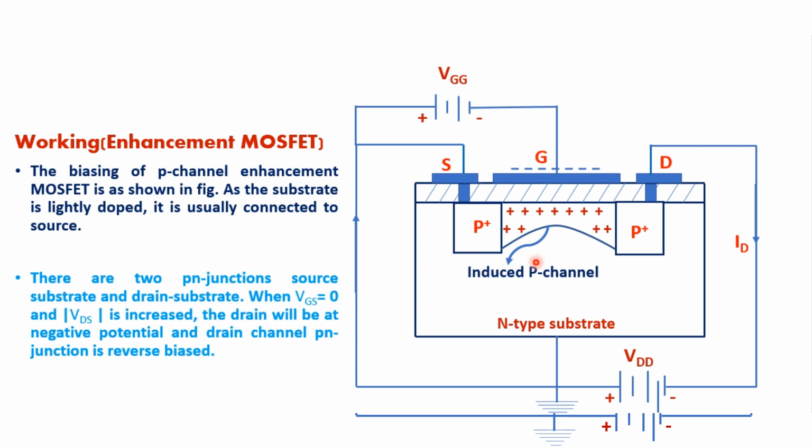Second condition, when gate to source voltage is negative. When the gate, that is G, is at negative potential with respect to the source, and the substrate is connected to the source, the gate layer is negatively charged.